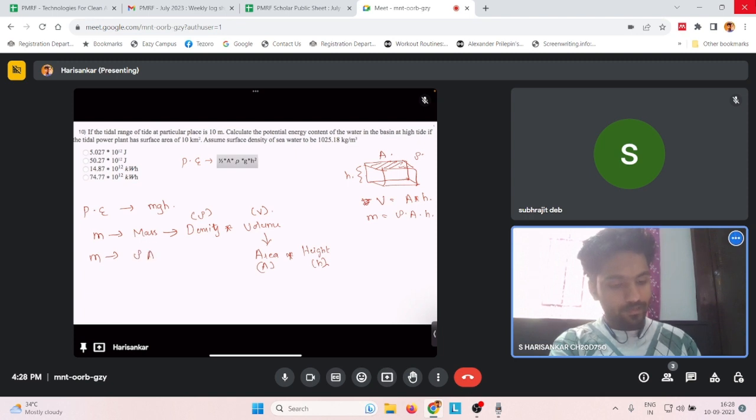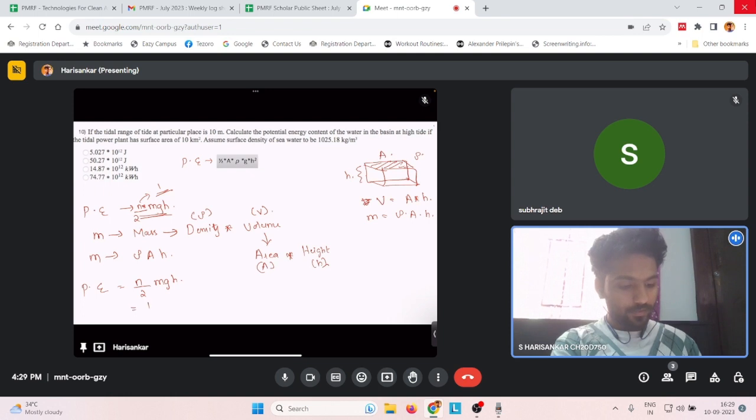So basically that's what we do here. We substitute this m as rho A h. This is into n. Since nothing is given about the tidal cycle, we just take this n as 1. So m is equal to rho A h.